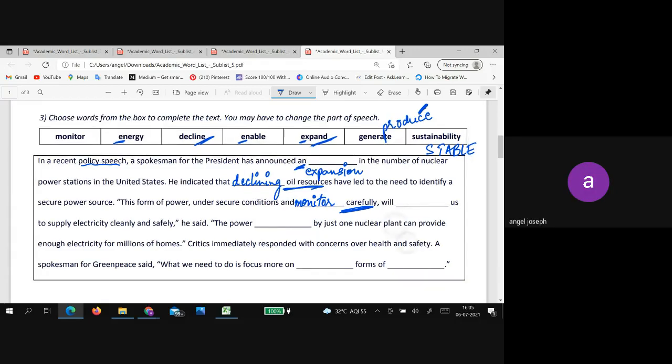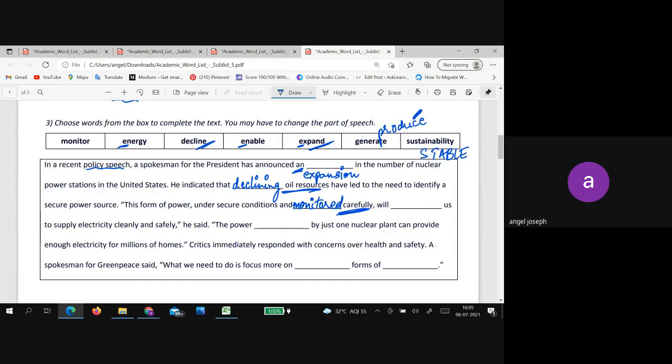Monitored. Okay, if we observe carefully, will enable us to supply electricity cleanly and safely. Will enable. Ma'am, your audio has gone mute. Angel ma'am.